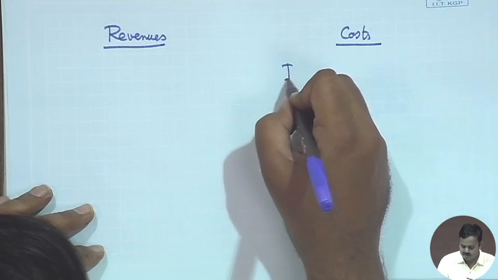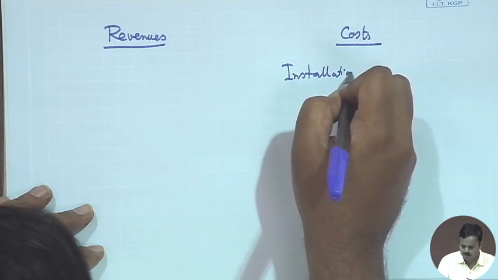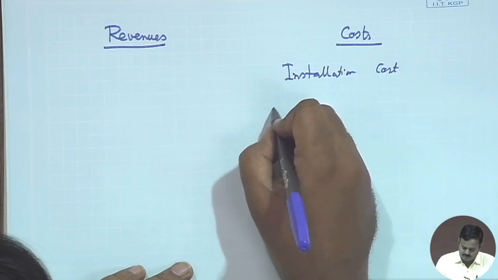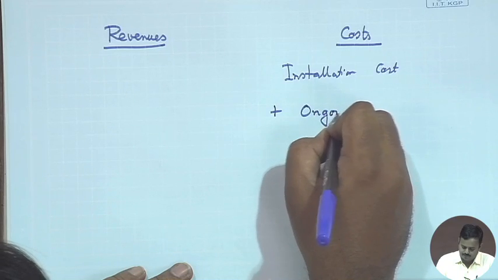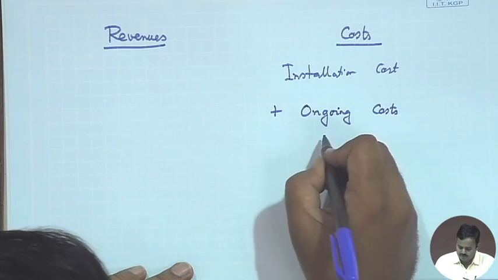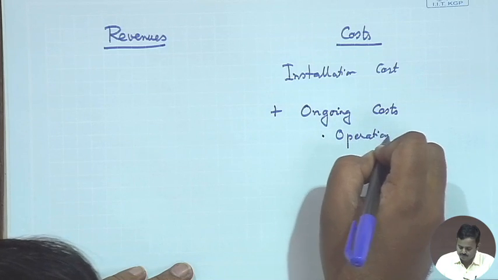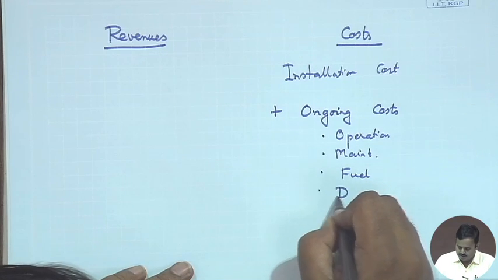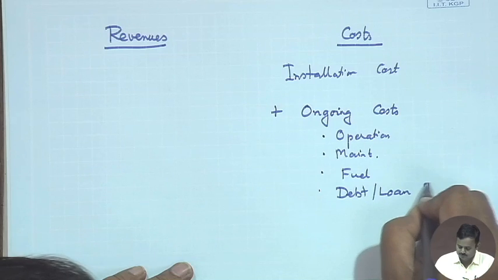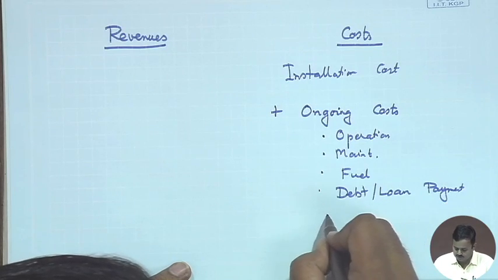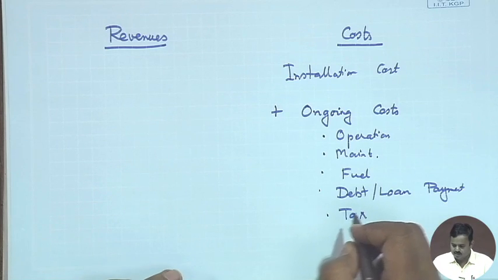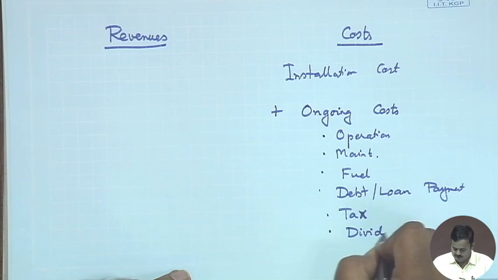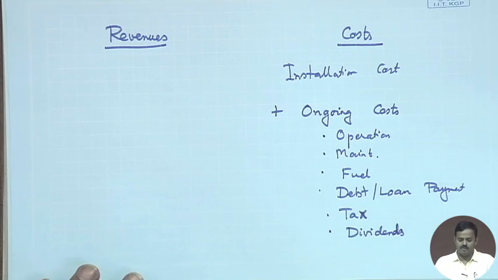So, here I would write installation cost, which also includes equipment, labor, everything, plus ongoing costs, which are operations, maintenance, fuel, debt or loan payment, tax, etc., etc., a lot of things, dividends that you have to pay your shareholders, all that stuff if you are a company.